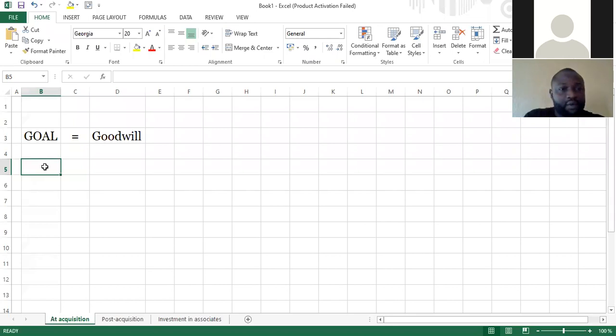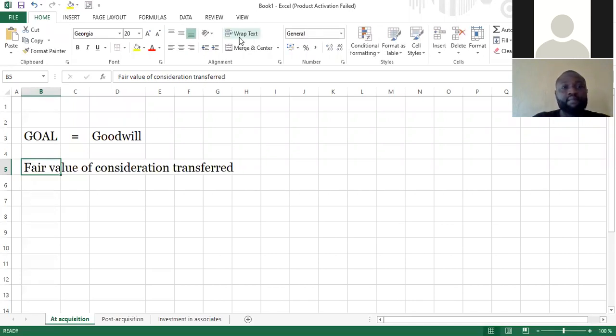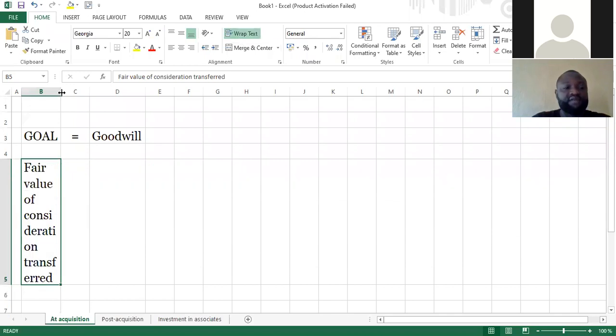So the formula, I will just write it out boldly. First, like you said, we have what they call fair value of consideration transferred. That's the first thing.